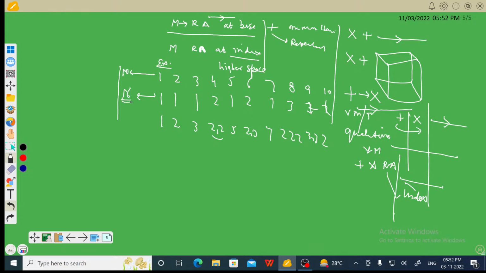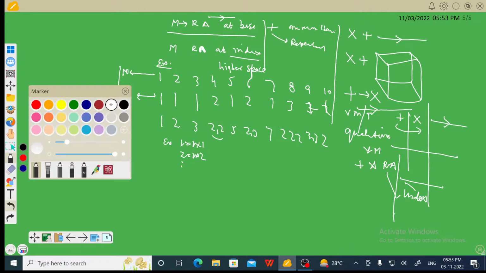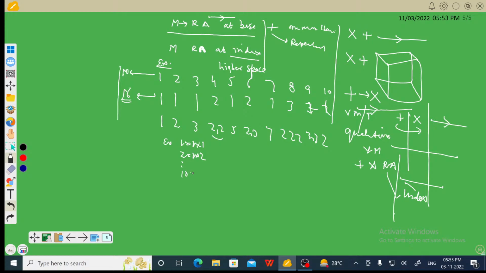Let us now have another exercise, and it will be that 1 is equal to 1 into 1, 2 is equal to 1 into 2, and like that 10 is equal to 1 into 10. So these numbers 1, 2, 3, 4, 5, 6, 7, 8, 9, 10 remain 1 cross 1, 1 cross 2, and 1 cross 10.